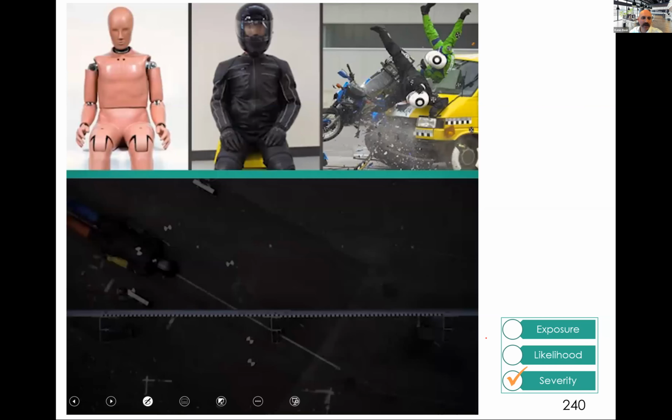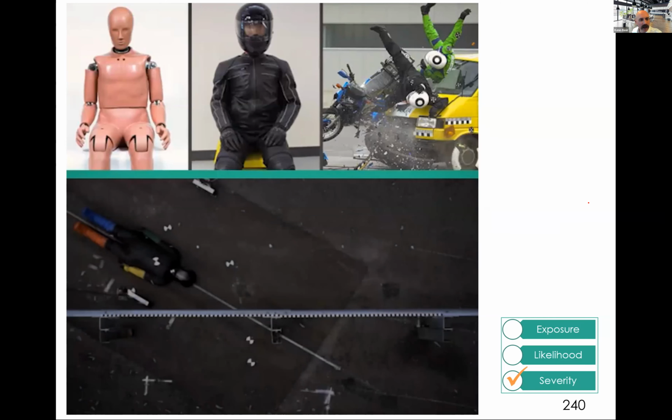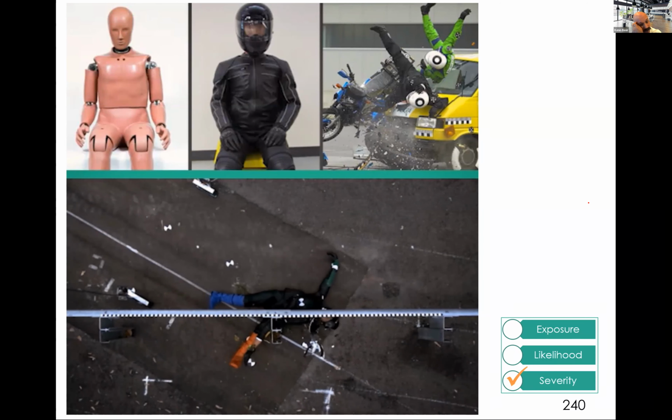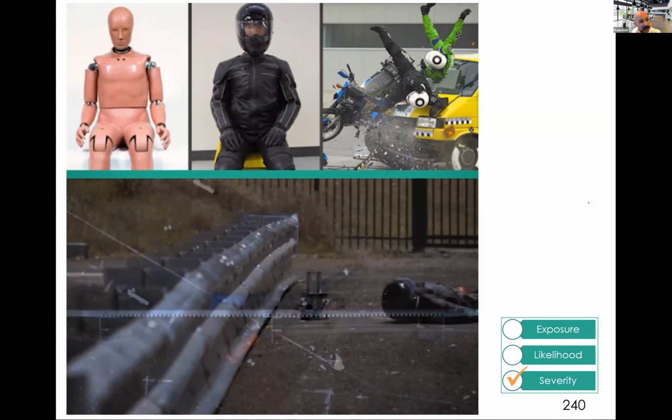And I'm going to play this little video, which is of the European crash test for motorcyclists into barriers. It's a 60 km/h motorcycle sliding at 25 degrees into a post. And so that's a 60 km/h crash test dummy, and you can see that it fairly much destroys the crash test dummy.